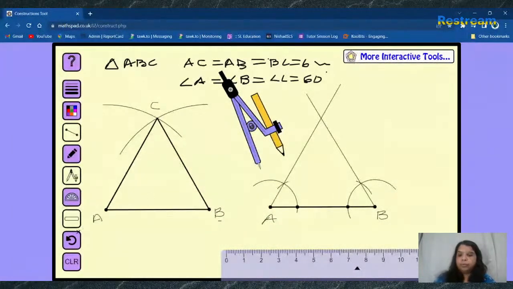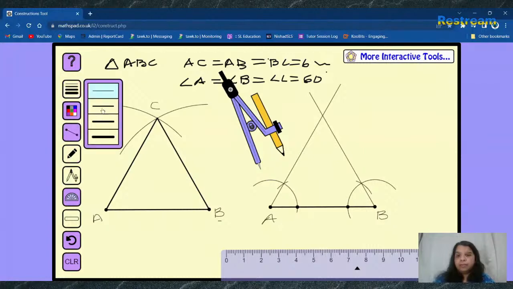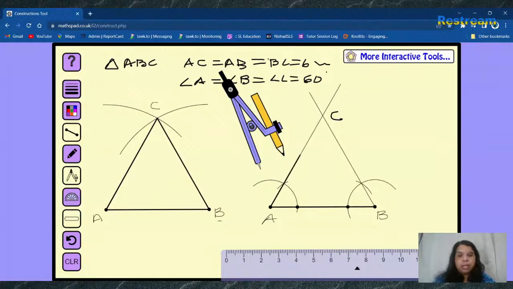Okay, now again, it's slightly difficult for me to control the compass. Okay, so now if you see, this is your point C, and then I can just make these lines darker. Let's see.